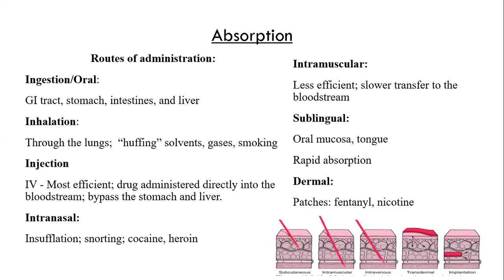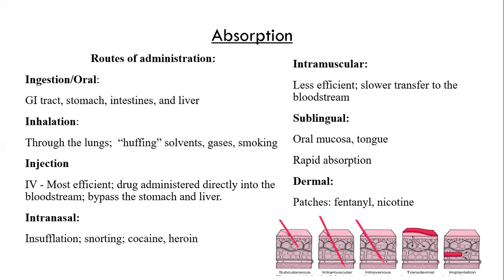So now, starting with absorption. A chemical can be absorbed in many ways depending on the route of administration. How is it administered? It can be ingested orally, through the gastrointestinal tract, where it passes through the stomach and intestine, and then goes to the liver. It has to be absorbed, and absorption takes some time to occur in the intestine through the enterocytes.